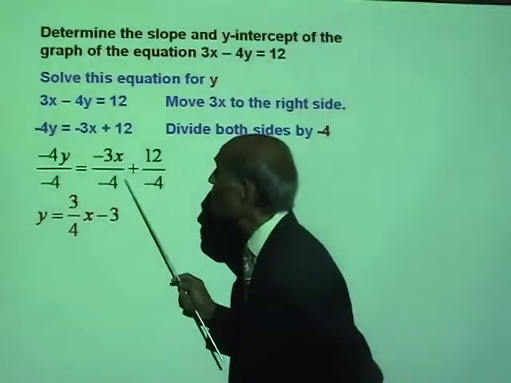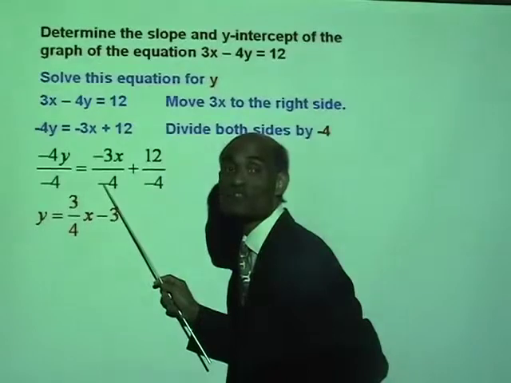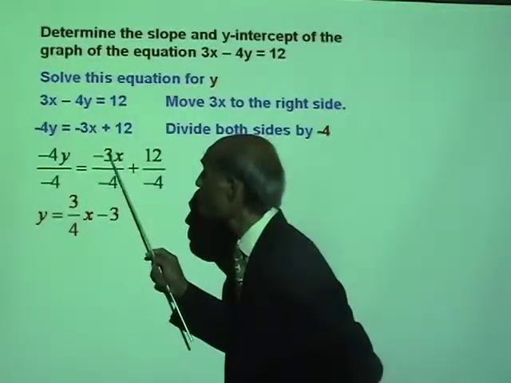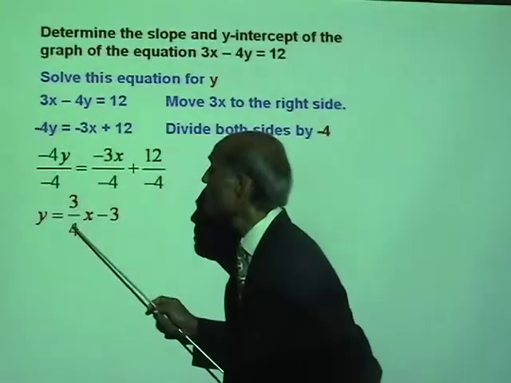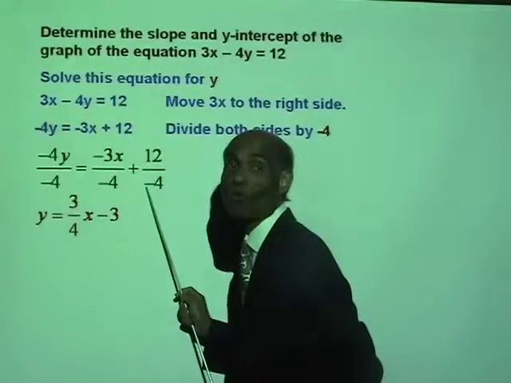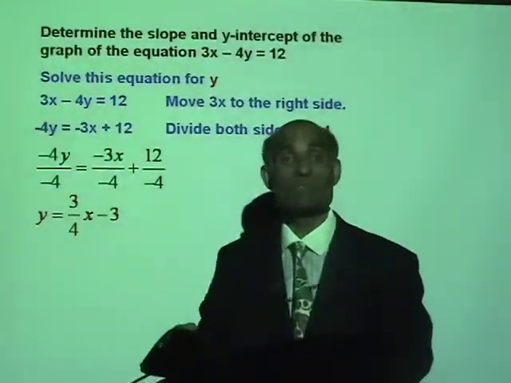And in the first term on the right, negative divided by negative is positive. So the coefficient of x will be 3 over 4. It's 3 over 4x plus 12 over negative 4. 12 divided by negative 4 is negative 3.